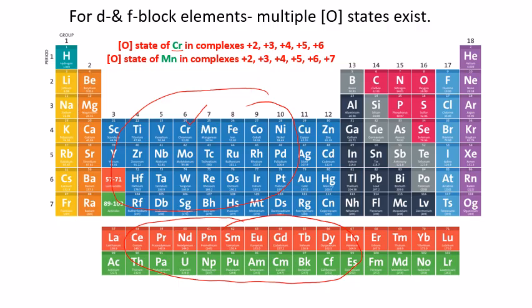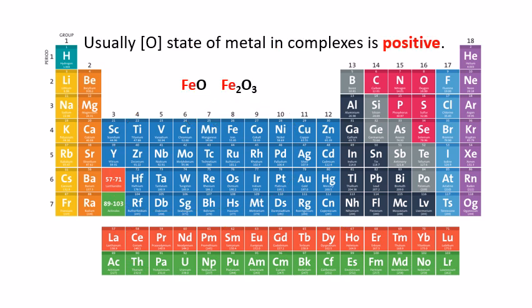Same way, manganese in complexes also can show multiple oxidation states ranging from +2 to +7. And for example, you consider iron in these two substances. In ferrous oxide, it is in +2 oxidation state, whereas in ferric oxide, the oxidation state is +3.